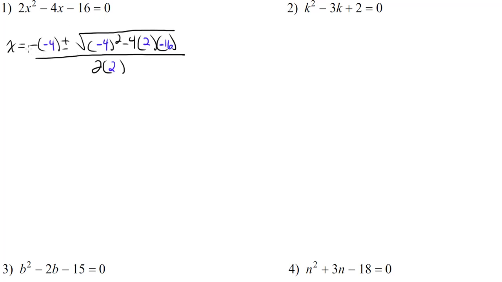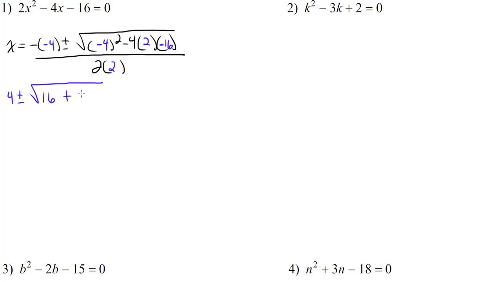So we have here negative 4. So that's positive 4 plus or minus. Negative 4 squared is 16. And negative 4 times positive 2 is negative 8. And negative 8 times negative 16 equals 128.